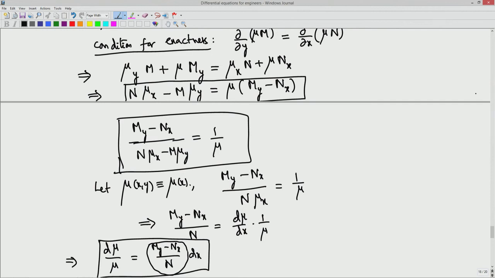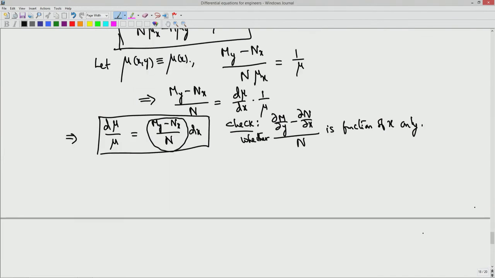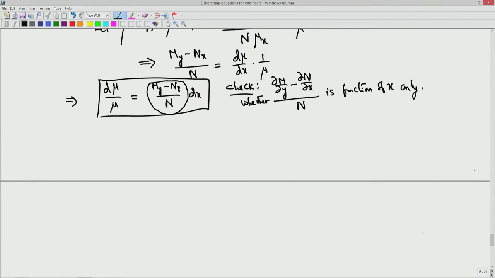We check whether (dou M by dou y minus dou N by dou x), which is not 0, divided by N is a function of x only. If this is the case, then I can integrate this.